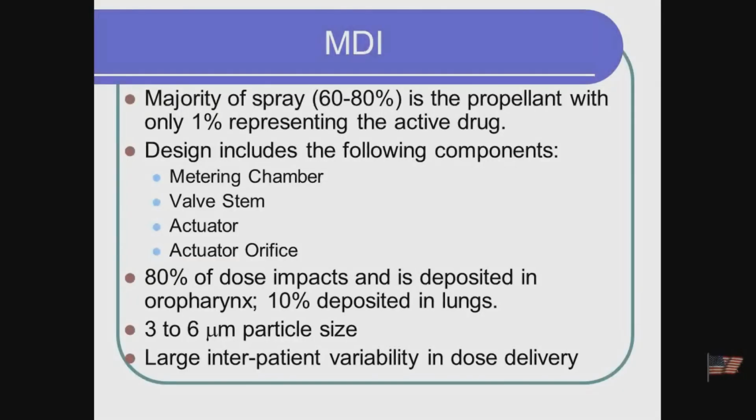The majority of the spray is the propellant, with only a small amount of the actual spray, the mist that is created, being actual drug. We'll talk about the different components of the design: metering chamber, valve stem, and actuator orifice. But most of the drug, especially based upon the technique that is used, is impacted on the oropharynx.